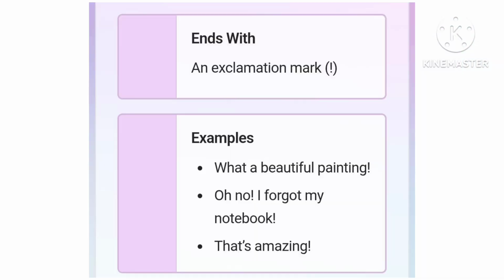For example, what a beautiful painting! Oh no, I forgot my notebook! That's amazing! These sentences are exclamatory sentences. And if you observe these sentences, at the end there is an exclamation mark. So these sentences always make a big impact.